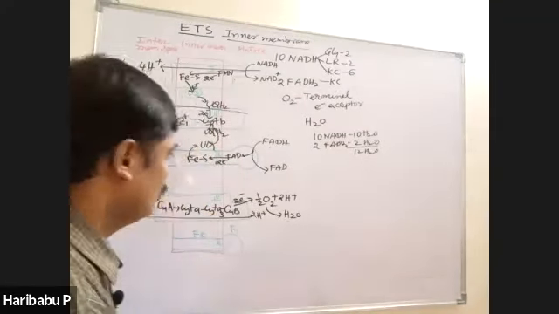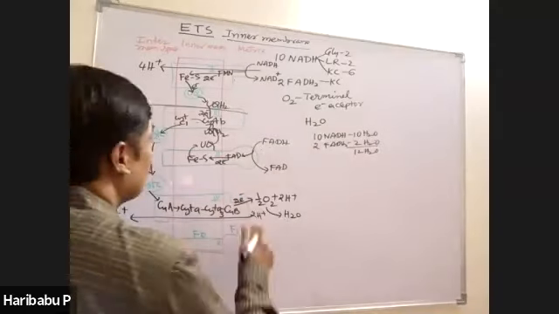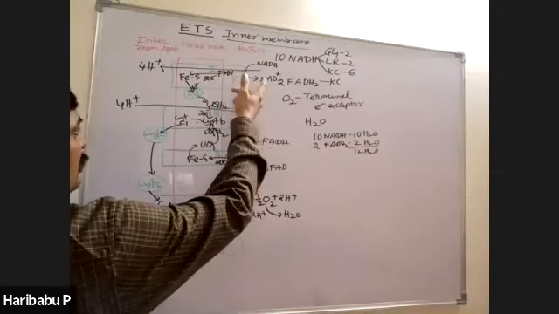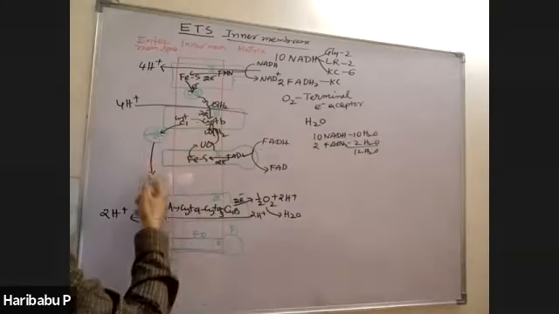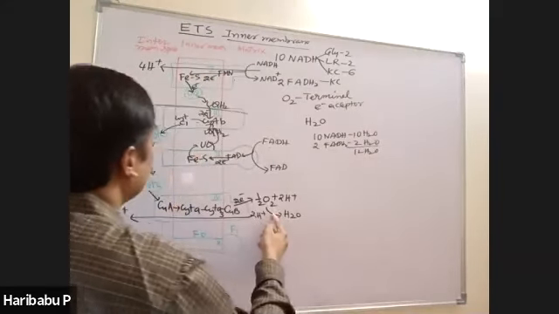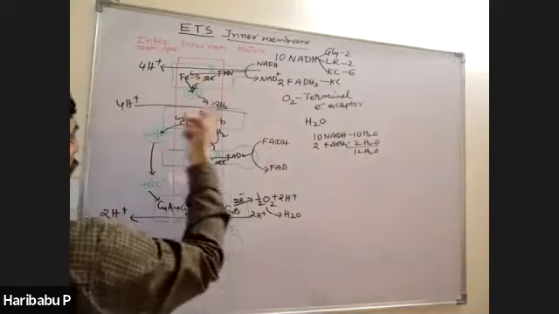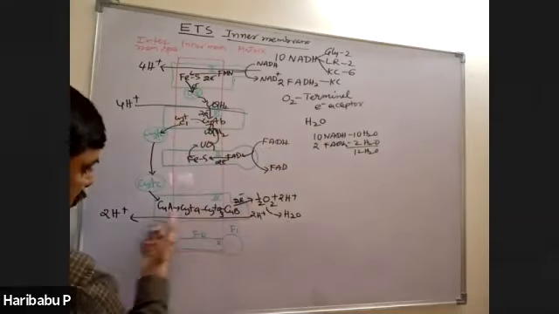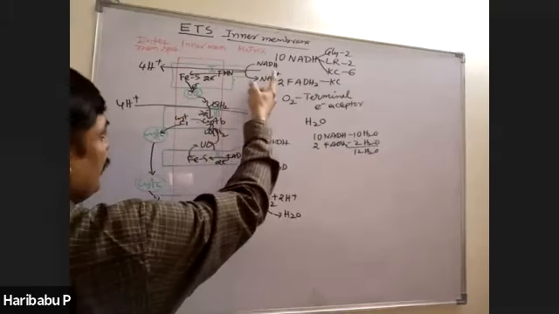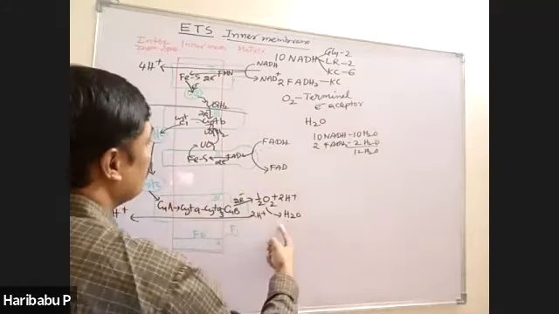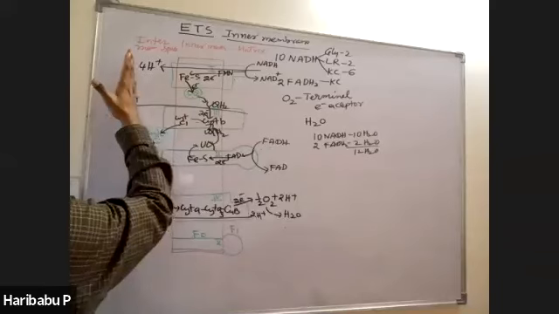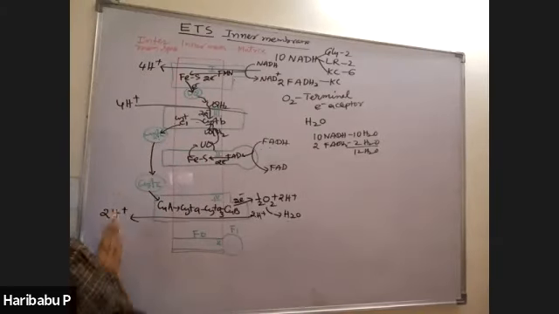Now see, during the transport of electrons like this, protons are transported across the membrane. For every 1 pair of electrons transported, 10 protons are released into the intermembrane space: 4 here, 4 here, and 2 here.